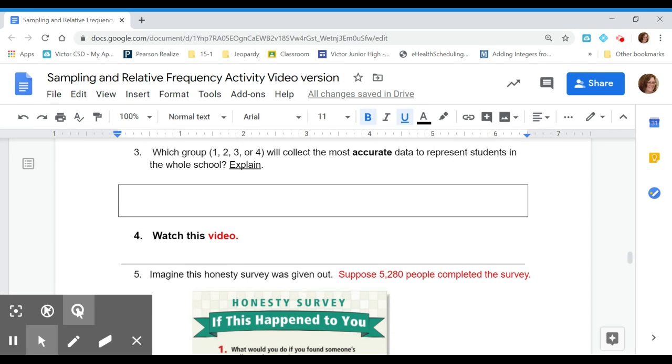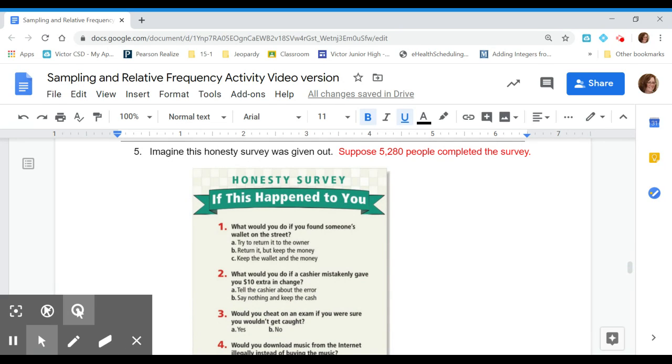For number 3, my personal opinion is probably number 4, the random sample, but with the right explanation you could argue whichever one you pick, they're all valid. Here it's really important that you have a solid explanation.